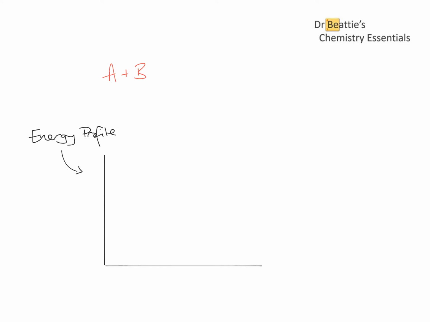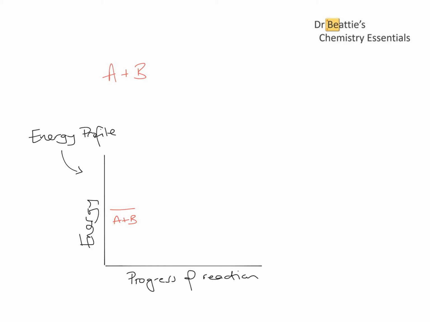So we've got energy on the y-axis, and then on the x-axis we've got reaction coordinate, or progress of reaction. And so we're going to set our energy just arbitrarily here for A and B, our reactants.